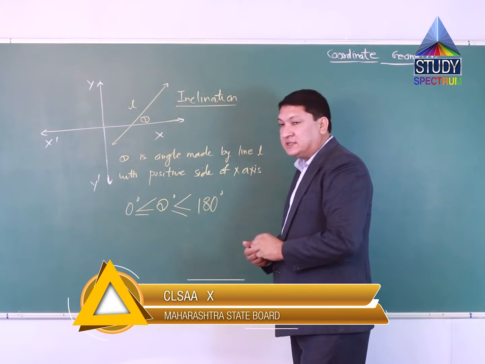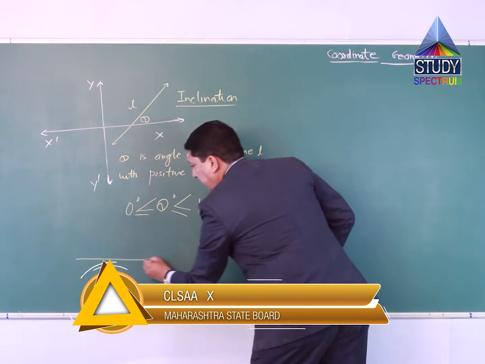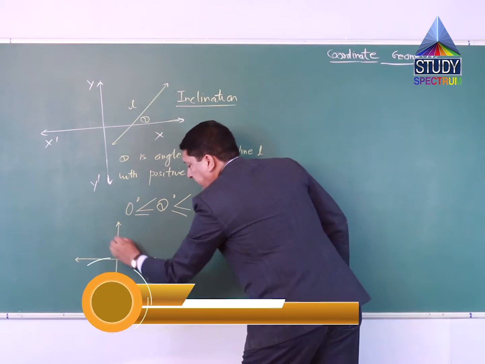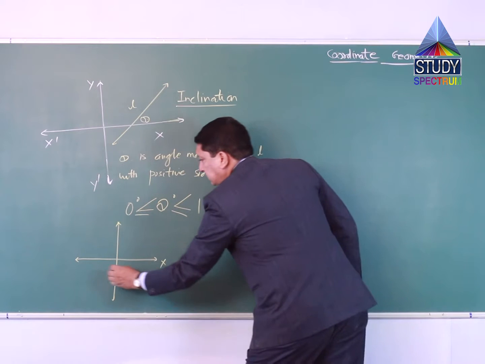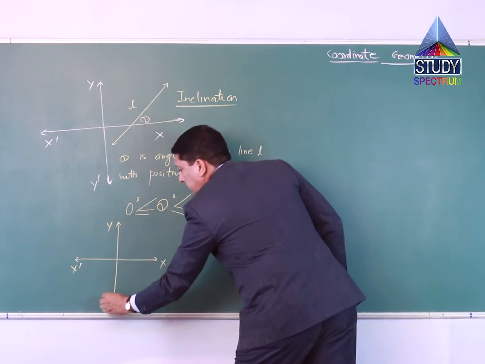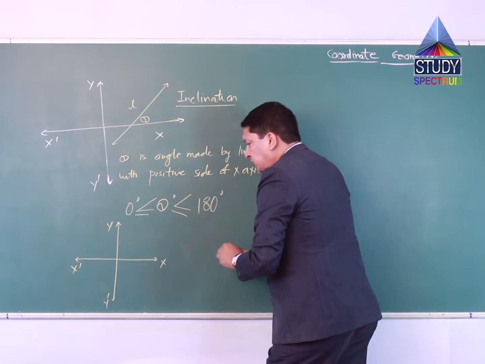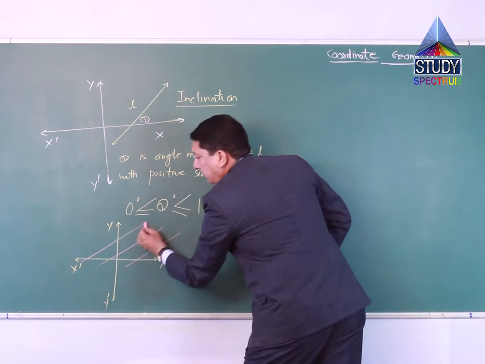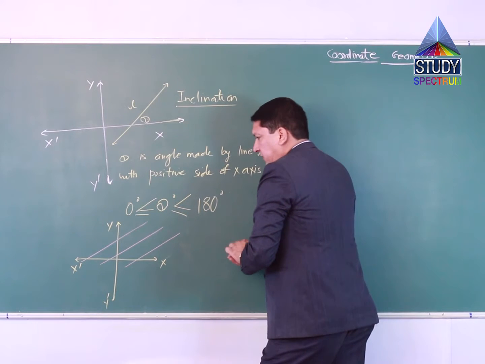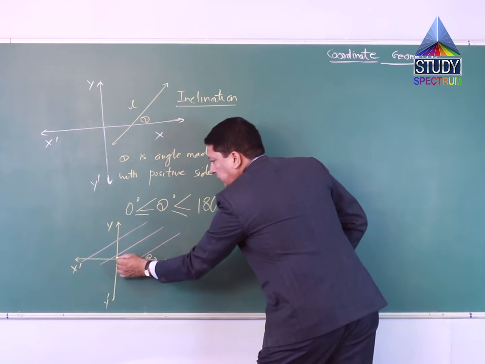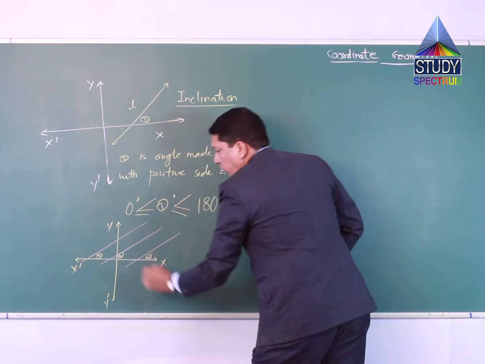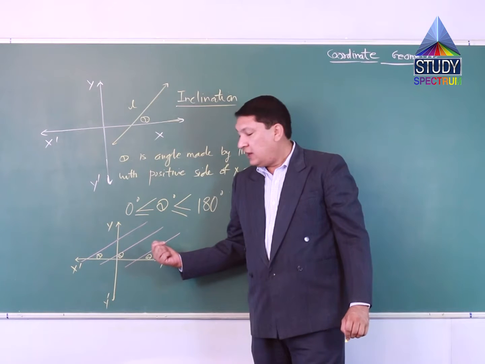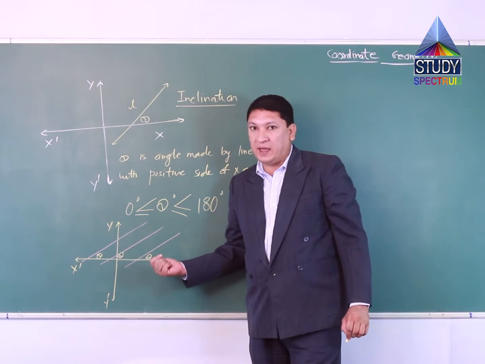Now if I make one more graph, over here also we have an x-axis and a y-axis. Lines which make the same angle, don't you think they are parallel? Suppose this is theta, this is also theta, this is also theta. Lines which have the same inclination are parallel to each other.